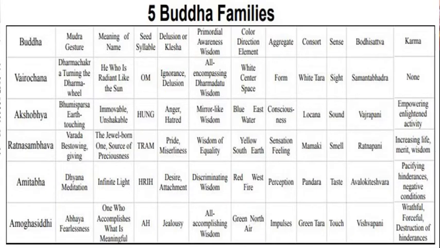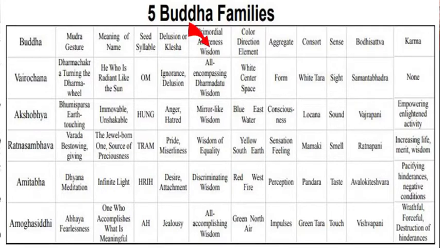Ratna Sambhava is pride and miserliness. Amitabha is desire and attachment. And Amoghasiddhi is jealousy. And it's not that they have these, but the diluted version of the wisdoms that they represent take this form.